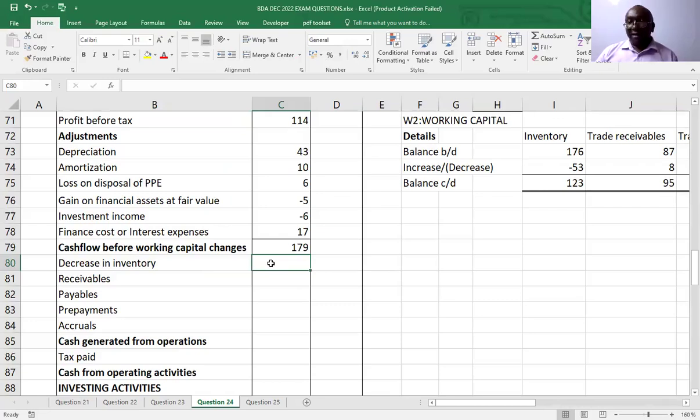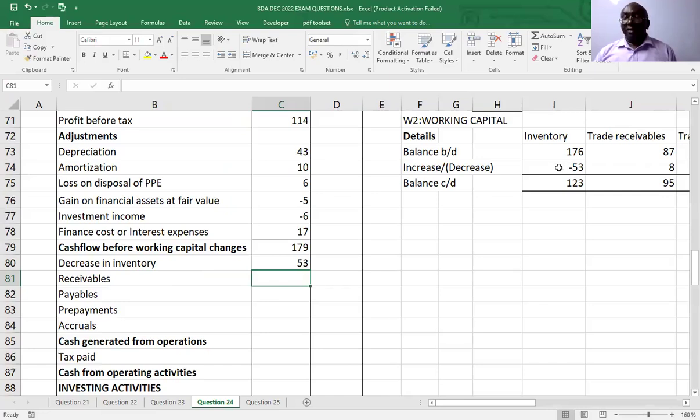When our inventory has reduced, money has come in, it is an inflow. Good. So if it's an inflow, we will say equals, and because this came out negative, we must start with a negative sign so that when we press enter, it enters as positive. When inventories decrease, it means you are selling. You have sold, so money has come in.